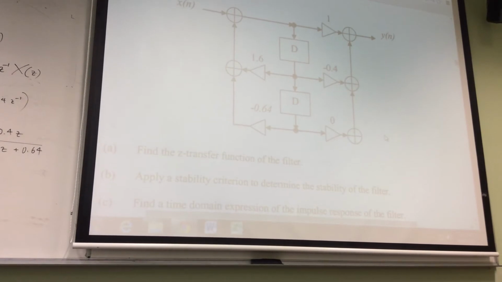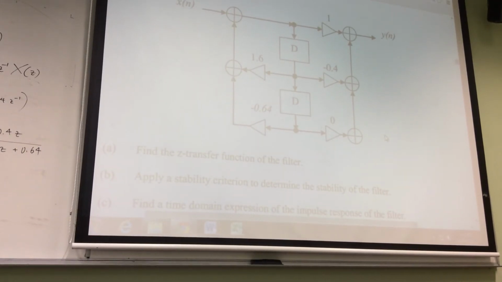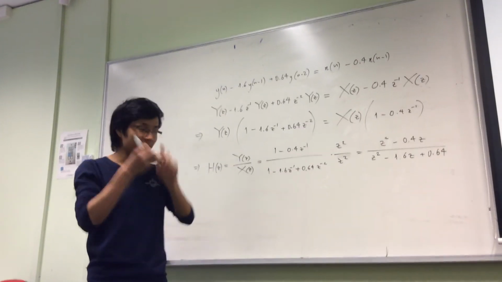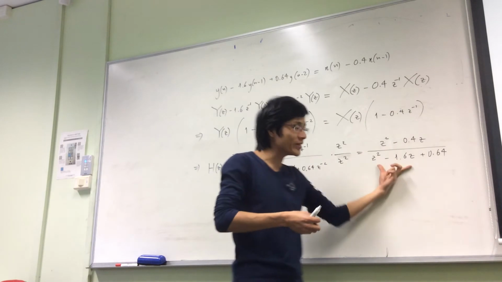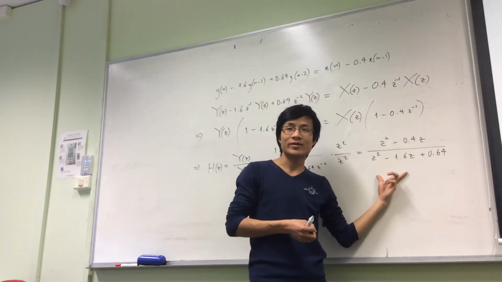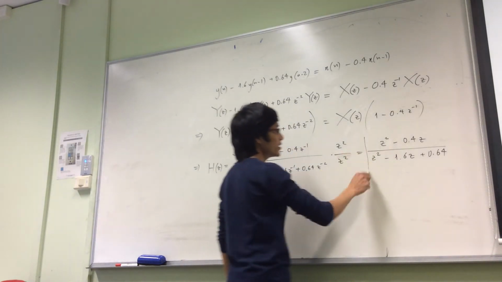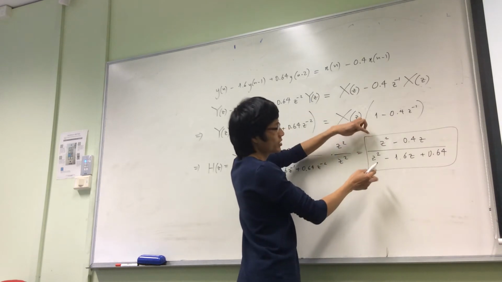Okay, this one. Another example. Stability. Now, stability comes from the characteristic equation, from the impulse response. And now we can find the system is stable from the transfer function as well. The transfer function usually has two parts, top and bottom.